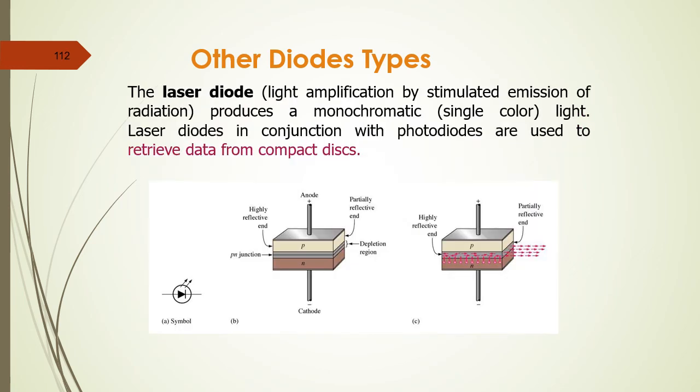And then we also have the laser diode, which produces a monochromatic, single-color light. Laser diodes in conjunction with photodiodes are used to retrieve data from compact discs. Nowadays, you can simply buy a laser pointer.